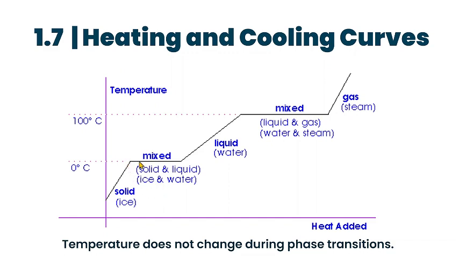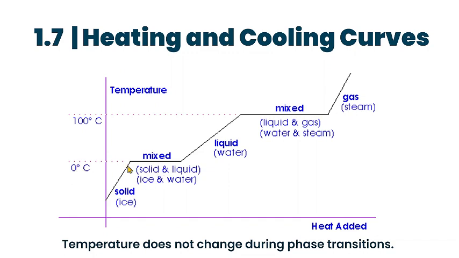So at this point, we can see here the word mix. It means at this point there is solid and there is also liquid state of matter in the object. So ice and water are already mixing at this point, but the temperature is still at 0 degrees Celsius.